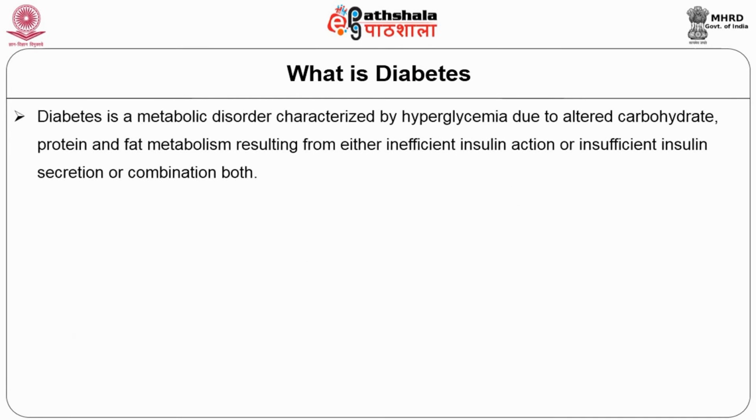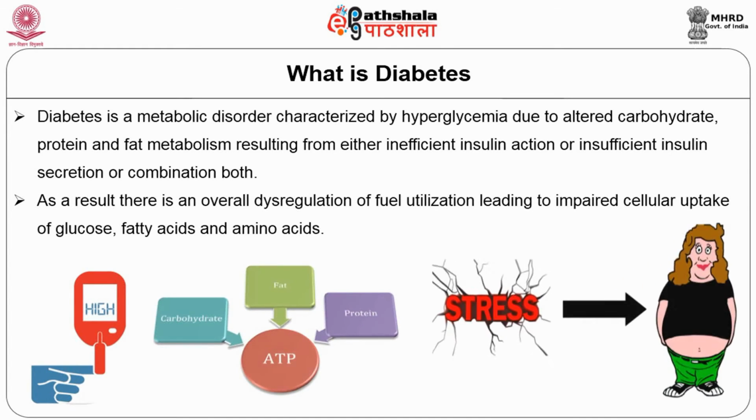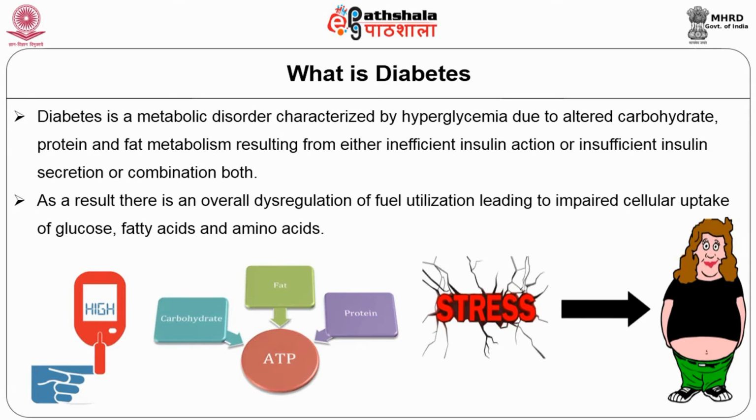So what is diabetes in detail? Diabetes is a metabolic disorder characterized by hyperglycemia due to altered carbohydrate, protein and fat metabolism, resulting from either inefficient or insufficient insulin action, or a combination of both. As a result, there is an overall dysregulation of fuel utilization, leading to impaired cellular uptake of glucose, fatty acids and amino acids.